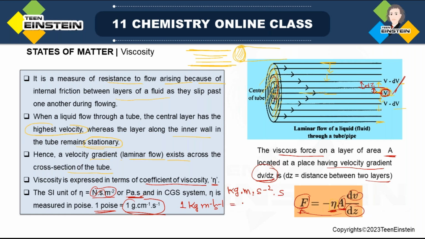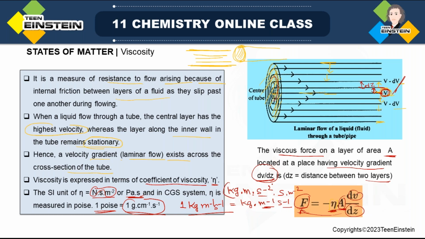That means ultimately you are getting kg into, sorry, there is meter square also. So this meter square and meter, ultimately you are getting per meter, second minus 2 and second, you are getting per second. So see what you are getting, the same unit, kg per meter per second.